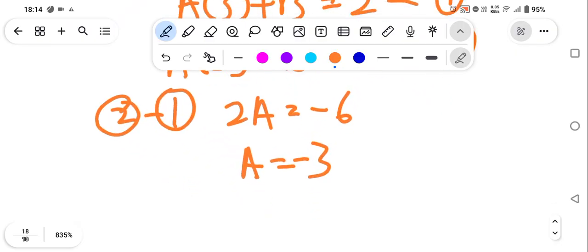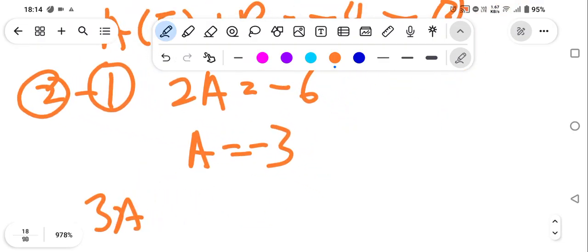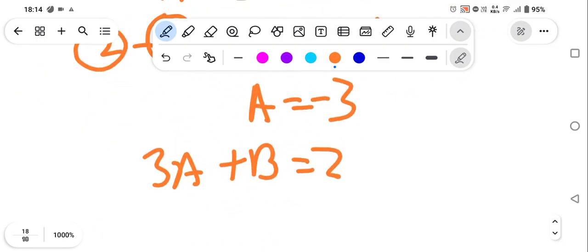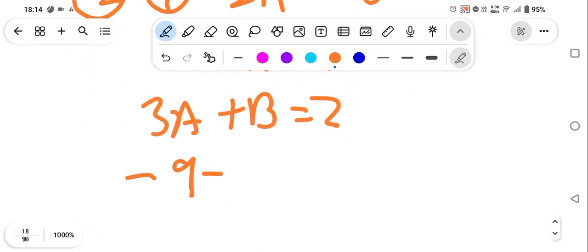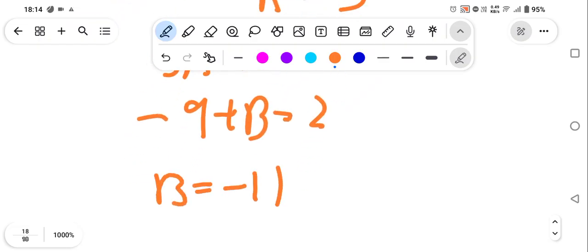From here we can solve for b. We just take one of the equations: 3a plus b equals 2. With a equal to -3, we have -9 plus b equal to 2, so b will be equal to 11.